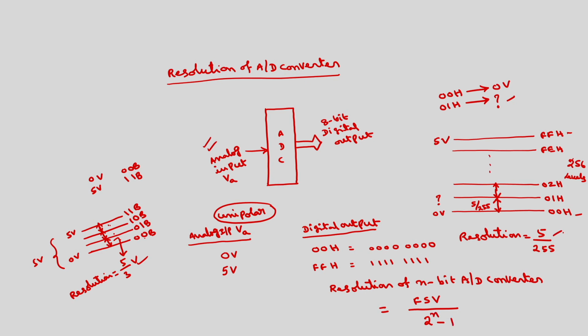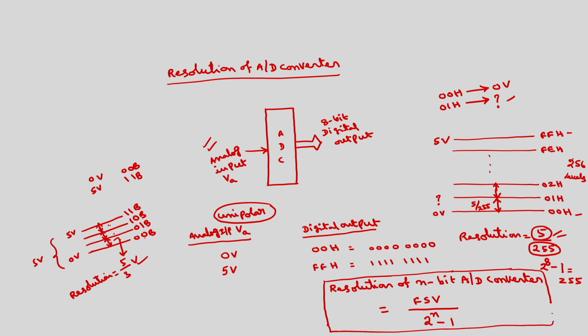In this case, the full scale voltage is 5 volts, and 255 is nothing but 2 raised to the power of 8 minus 1, because the number of bits is 8. 2 raised to the power of 8 is 256, minus 1 is 255. So the general formula for the resolution is the full scale voltage divided by 2 raised to the power of the number of bits of the A to D converter minus 1. The full scale voltage need not be 5 volts; we can have 10 volts, 12 volts. This is one of the important parameters of A to D converter.